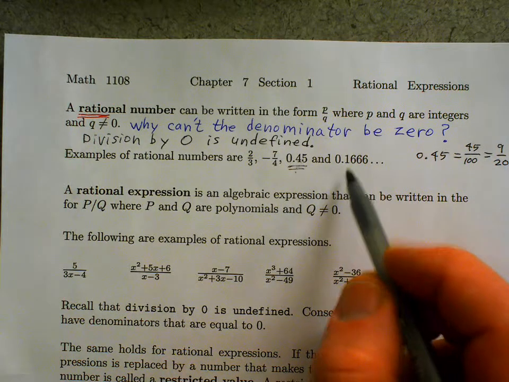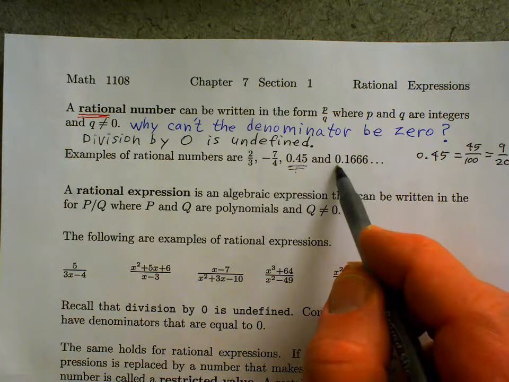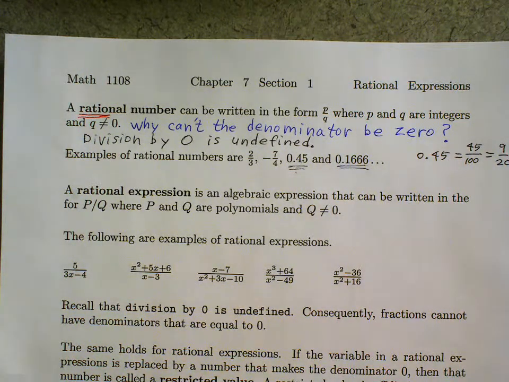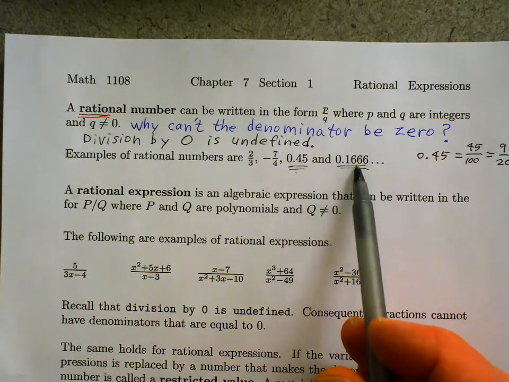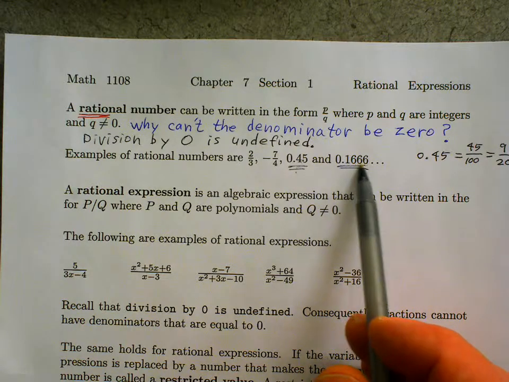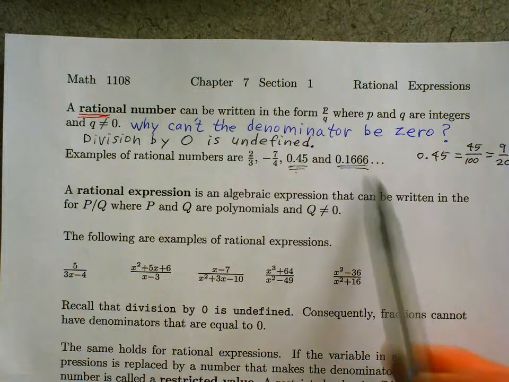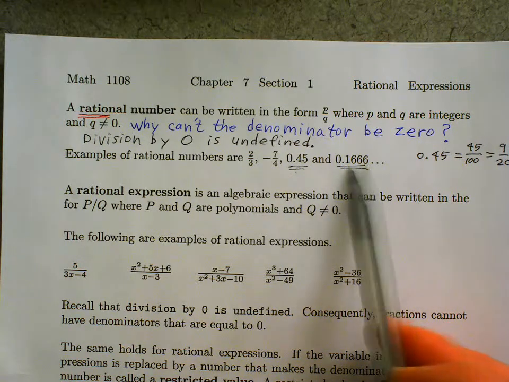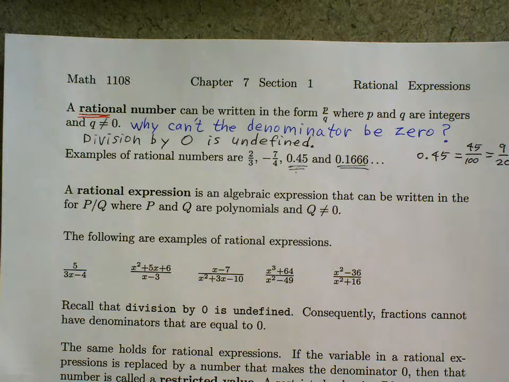Another example of a rational number is a repeating decimal. So here's an example, 0.1, and the digit 6 repeats forever. So repeating decimals are also rational numbers.